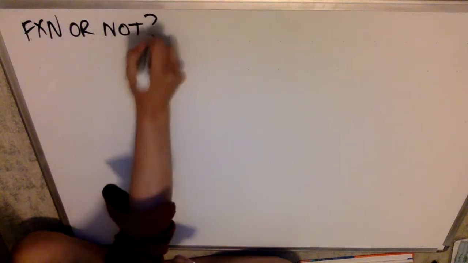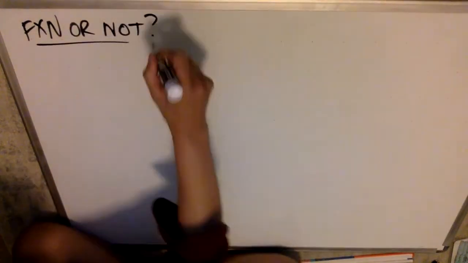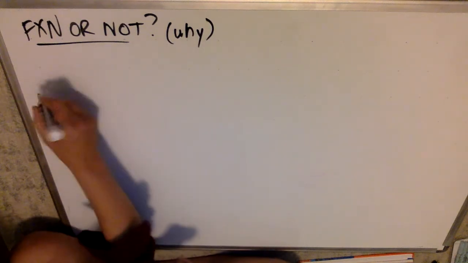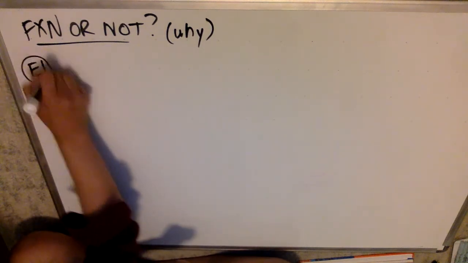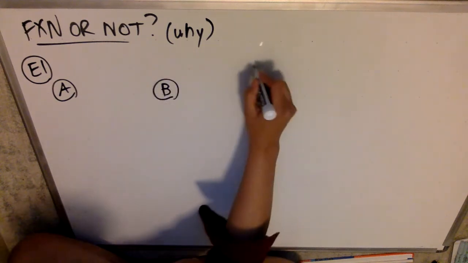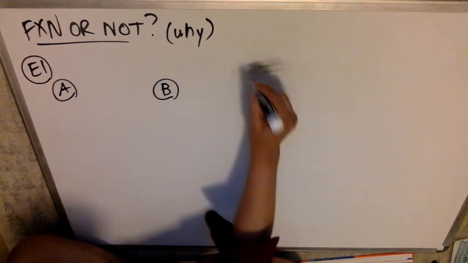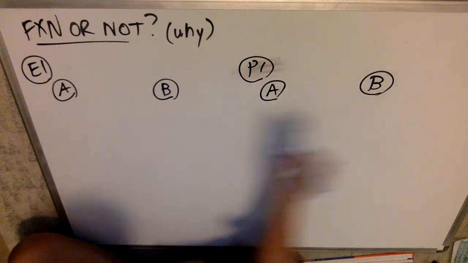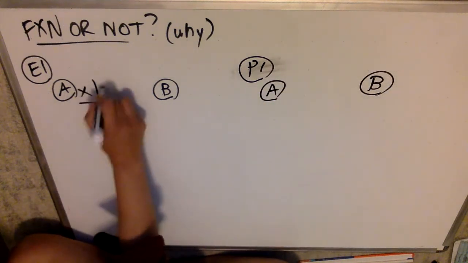That's the whole question, right? And then if it's not, just highlight why. So for E1, let's do A and B, and for P1, we'll do an A and a B. Okay, so I'm not gonna get super clever here.